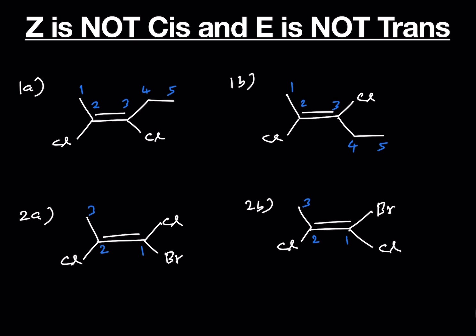While using the EZ system, we assign priorities around one side of the double bond using atomic numbers. Higher atomic number means higher priority. Let us first assign priorities for molecules 1A and 1B. Chlorine's atomic number is 17 and therefore that gets the top priority.